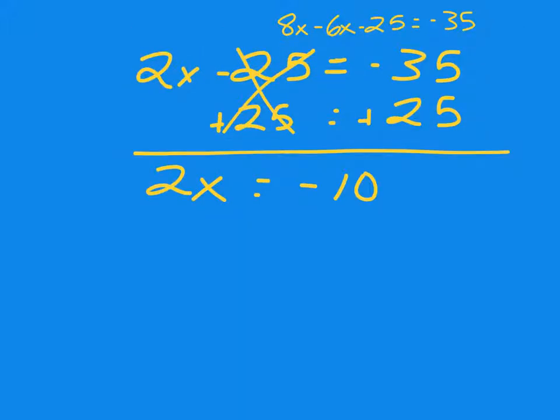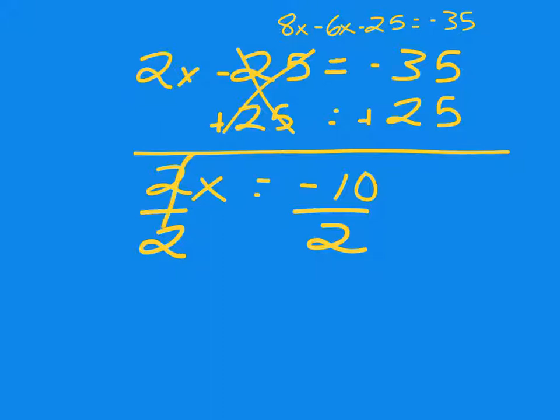Alright, we've got one more step to do before we can say that we solved this problem. That last step is to isolate the x all by itself, because right now it's with the 2. Right now we have 2x equals a negative 10, and to undo that we need to use the inverse operation, or we need to divide by 2. So divide this side by 2, divide this side by 2.